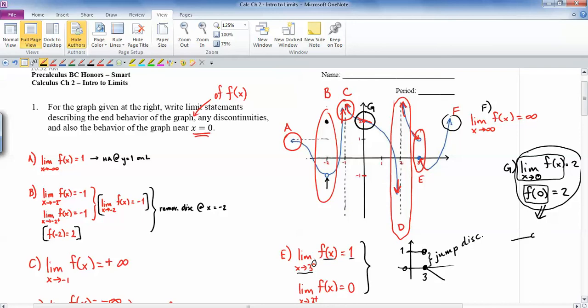Well, that means coming from the left, I get close to a y value of 2. This is x equals 0. Coming at it from the right side, I also get that value of 2. And then when I actually plug in 0, I get 2. So that fills in the dot, and now everything is continuous. So this tells us that we have continuity at x equals 0.